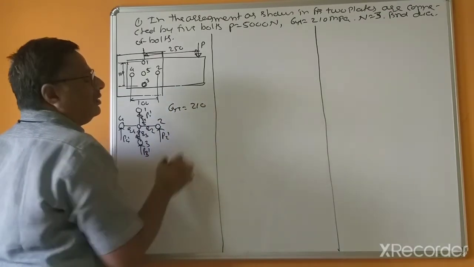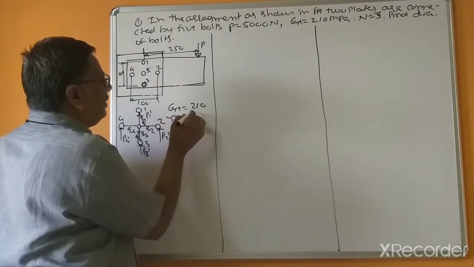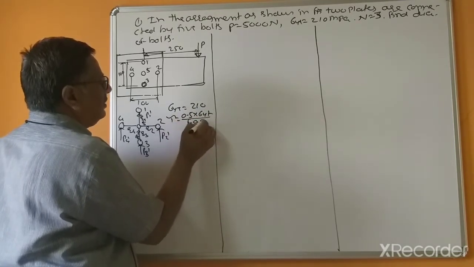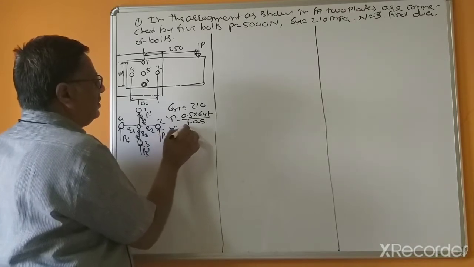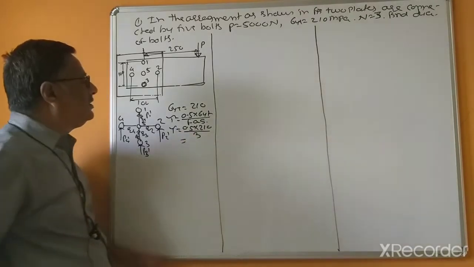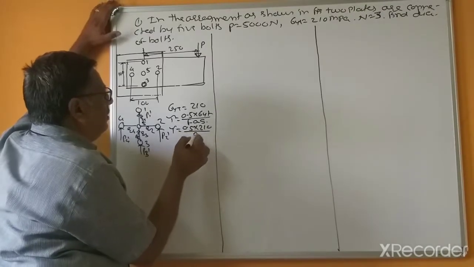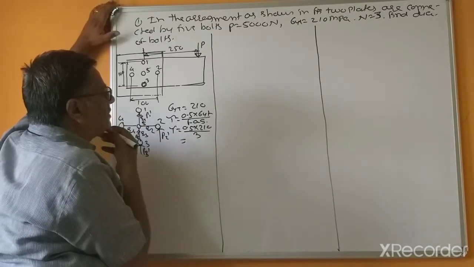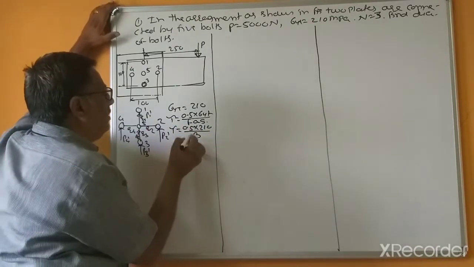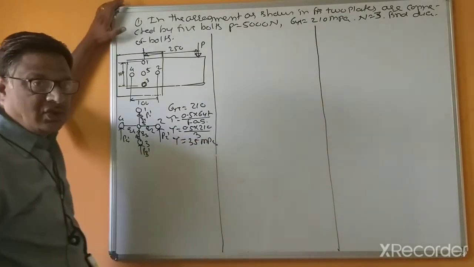That's why tau equal to 0.5 into sigma YT divided by factor of safety, and this is 0.5 into 210 divided by 3, means 35 megapascals, tau equal to 35.